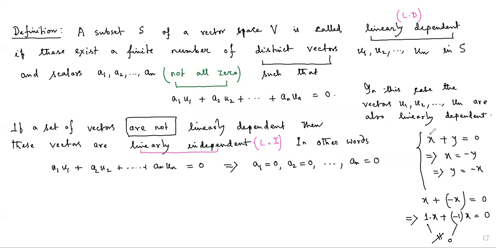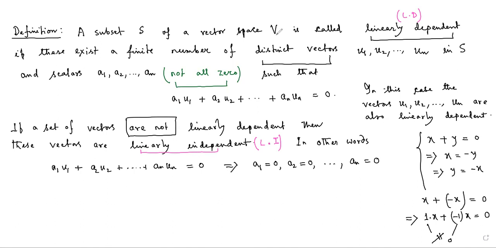So these vectors x and y are not linearly independent. They are linearly dependent because y is dependent on x. That's why we call x independent and y dependent: their linear combination is 0, but their scalars are not 0.